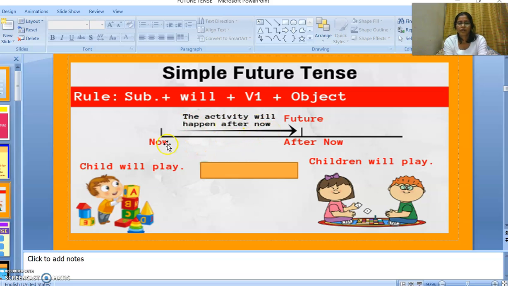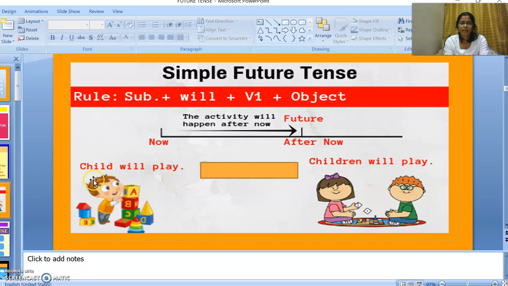Okay, so here I'm talking about a work or an action that will take place not now but after now. It means an activity that will take place only in future. Fine. So this is only simple future tense. Let's understand this with the help of two examples. Child will play. Children will play.